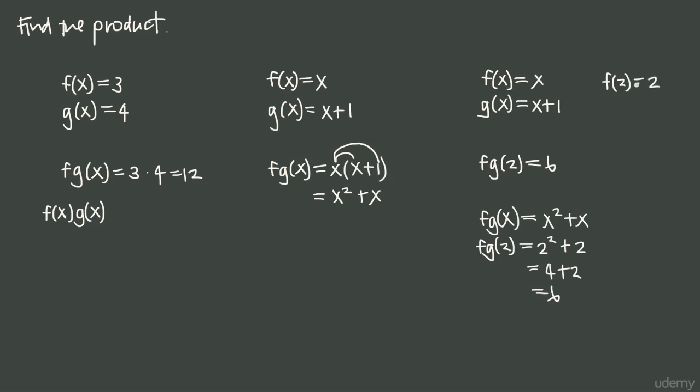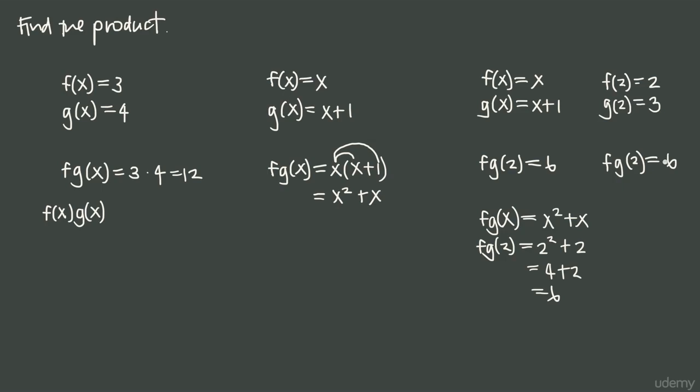We also want to plug 2 into g of x. So we'd get g of 2, or the function g at x equals 2, is equal to, instead of x plus 1, we're plugging in 2 for x, so we'd get 2 plus 1, and we'd get 3. And then when we multiply these together, we get fg of 2 is equal to 6. 2 times 3 gives us 6.